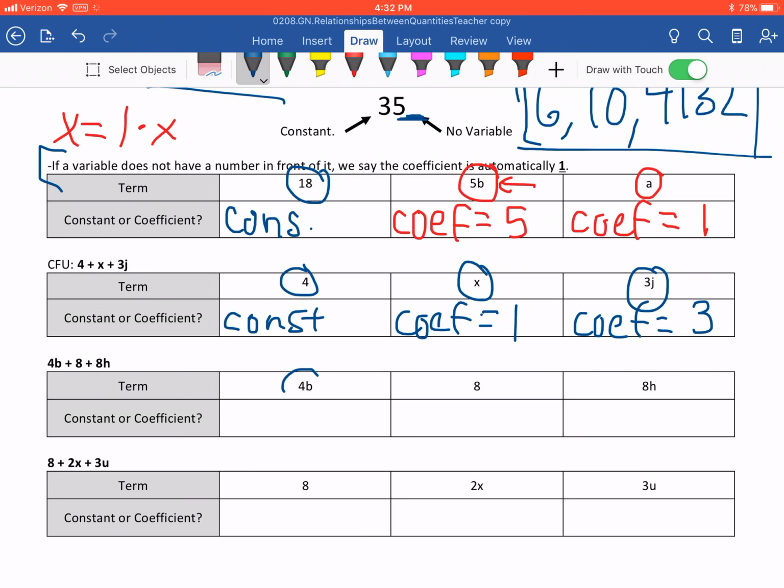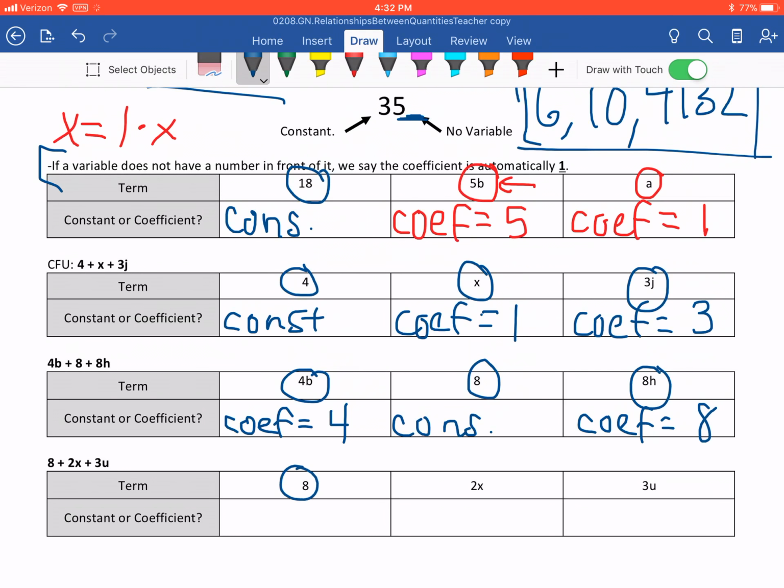For the next one, 4b, there is a variable, so the coefficient, the number it's being multiplied by, is 4. With this one, 8, there is no variable, so this is just a constant. And for 8h, there's a variable, so this has a coefficient, or a number it's multiplied by, which is 8.